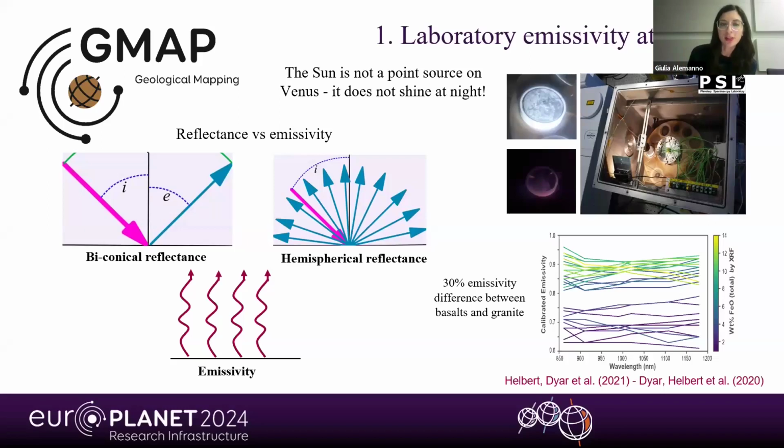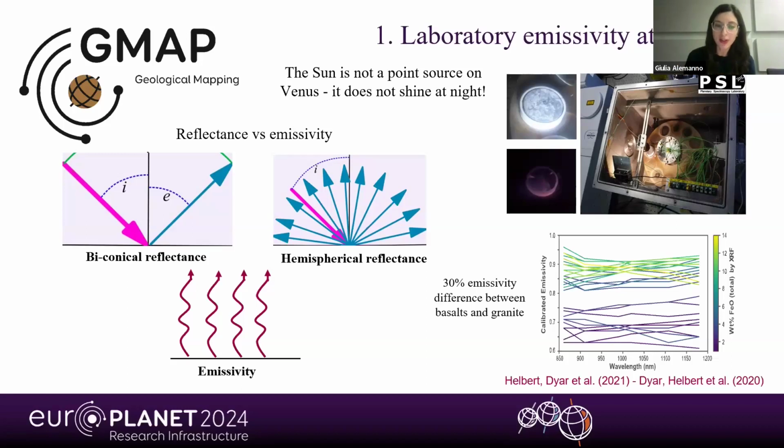So our source is not the sun, but Venus itself that shines. We detect what really comes from the hot surface. And what we want to have in the laboratory is exactly the same. We want to heat our samples at Venus temperature, and we want to see what comes out from the sample itself, because we cannot compare emissivity directly with biconical reflectance.